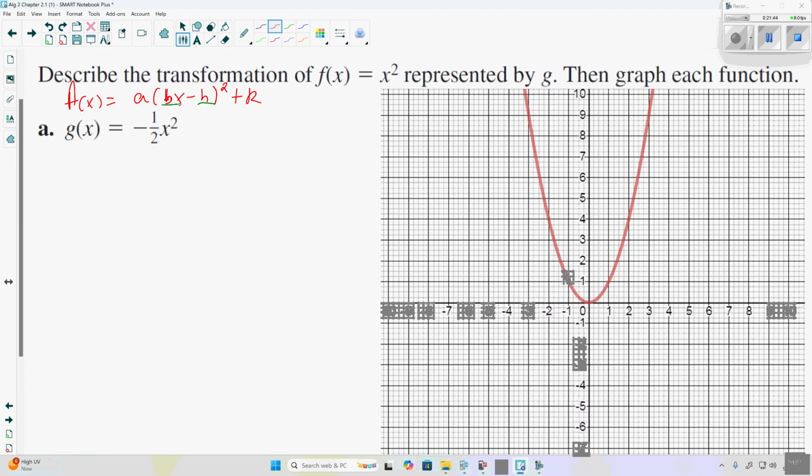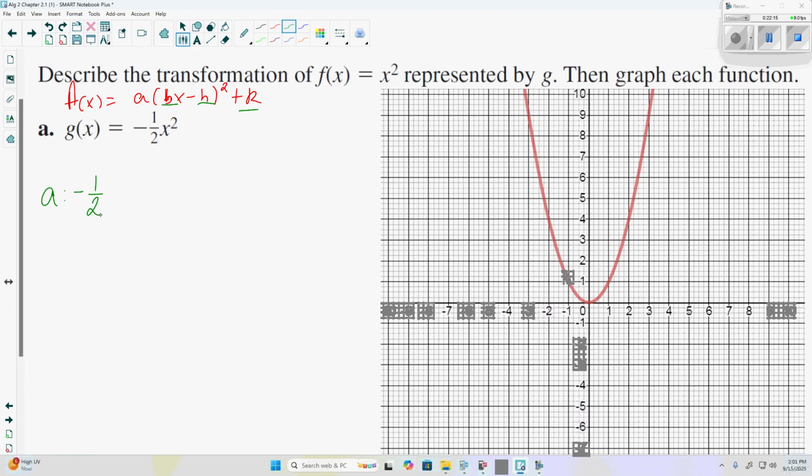Is there parentheses in g of x? No. If there's not parentheses, there is no b. There is no h, there is no b, because they have to be inside parentheses. They have to have those parentheses around it. Is there a k? No, there's nothing added or subtracted onto the end. All we have is a value in place of a.